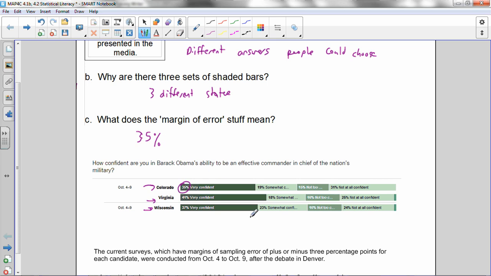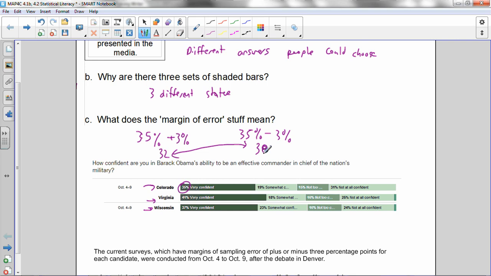But they're saying that if you go within this plus 3% and that minus 3%, so I'm talking between 32 and 38, the percentage of people in Colorado who would answer very confident is in this range somewhere. Maybe it's not 35, but it's probably between 32 and 38.